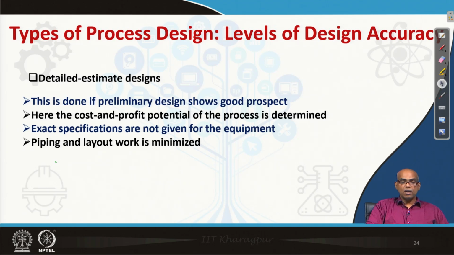This is done if preliminary design shows good prospect. Here the cost and profit potential of the process is determined. Exact specifications are not given for the equipment. Piping and layout work is minimized. So, detailed estimate designs will be undertaken if preliminary design shows good prospect. So, it will have some detail, but it will not have every detail.